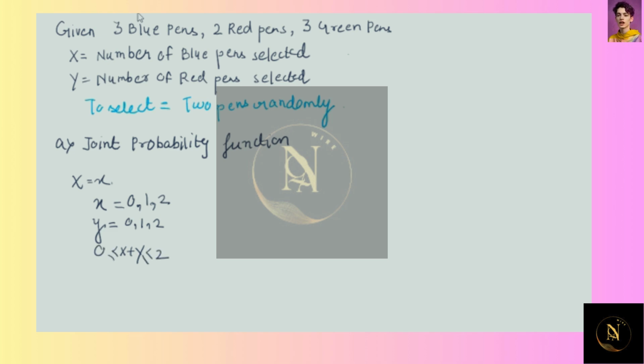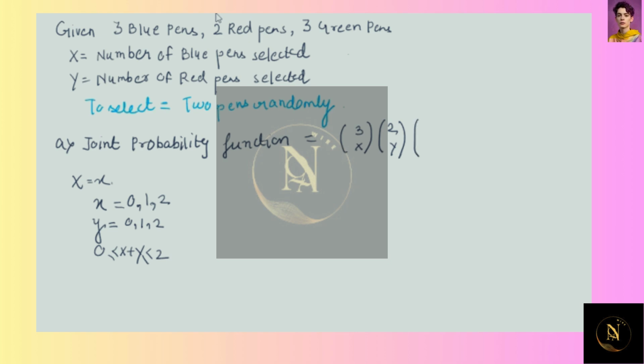Now we know that to select two pens overall, the total blue pens selected is equal to x. So in our probability function, the ways of selecting x pens out of 3 pens would be 3cx. Now to select y pens out of 2 red pens, the ways would be 2cy.